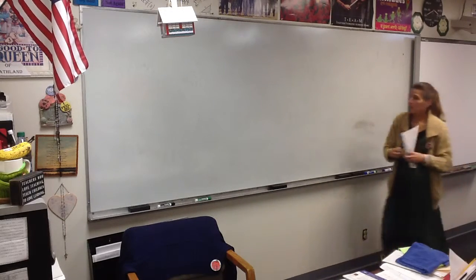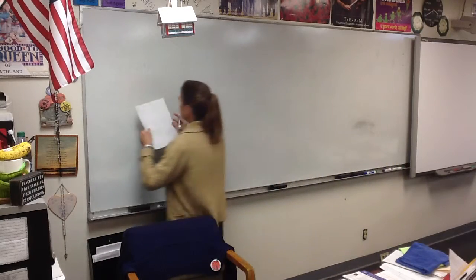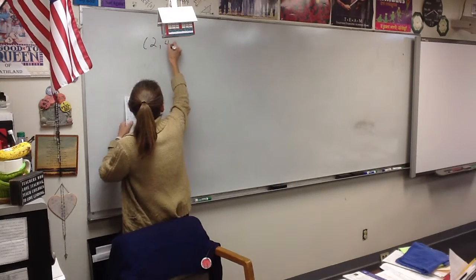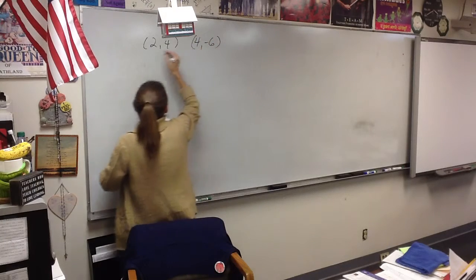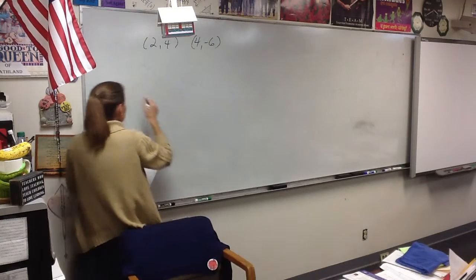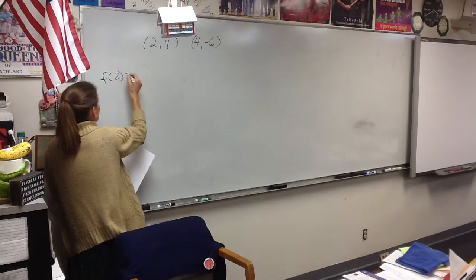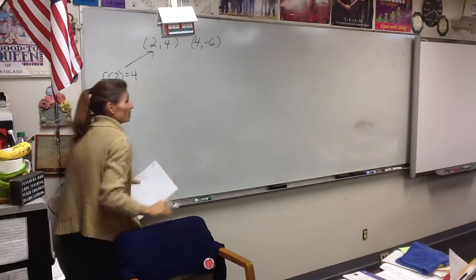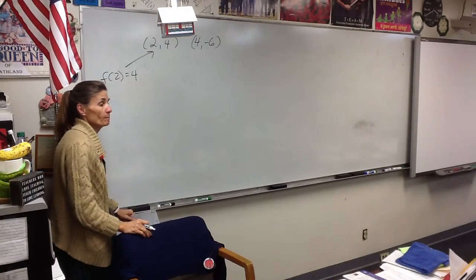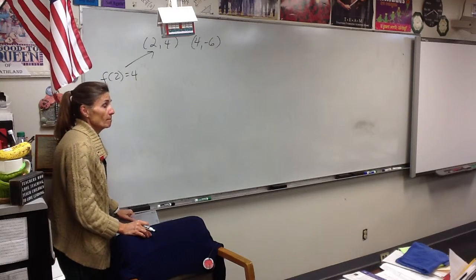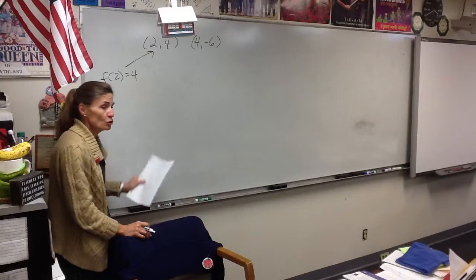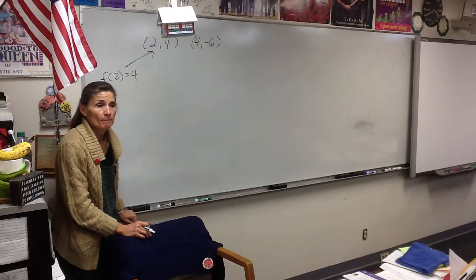Well, they've given us 2 points. When we say f of 2 is 4, that's what that means, 2 comma 4. So they've given 2 points. And what have they asked us to do with those 2 points?